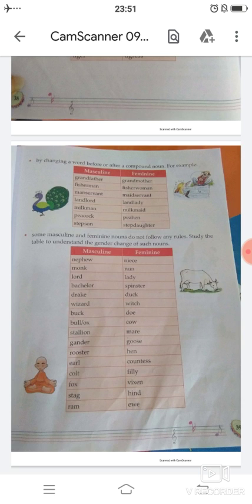Now the next and last rule of gender is that some masculine and feminine nouns don't follow any rules. Study the table to understand the gender change of some nouns.